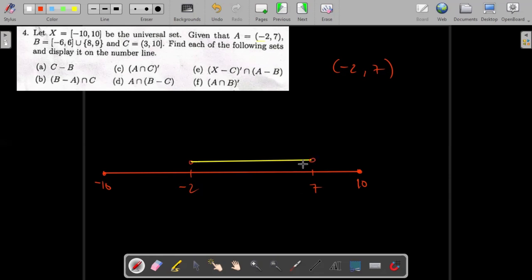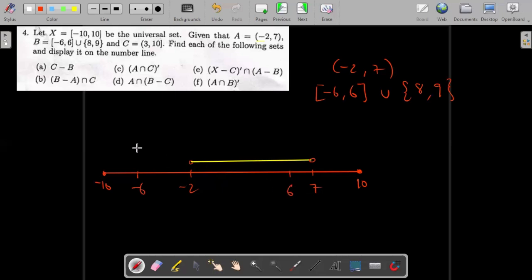Then we have the set B here, which is given by negative 6 to 6, union the set 8 and 9. So how do I plot that? Let's say my negative 6 is somewhere here and my positive 6 somewhere there.